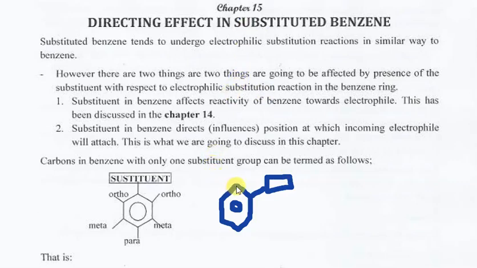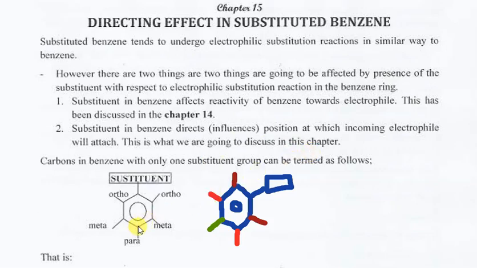Tukianza na ortho ni ile carbon ya kwanza, so this will be our ortho, and also this one will be our ortho. But from there what will be our meta? Meta itakuwa ni carbon yule pale, na meta itakuwa ni carbon mwingine yule pale. But what will be our para? Para atakuwa ni carbon huyu hapa. Kwa hiyo hivyo ndivyo ambavyo ortho, meta na para zipo.